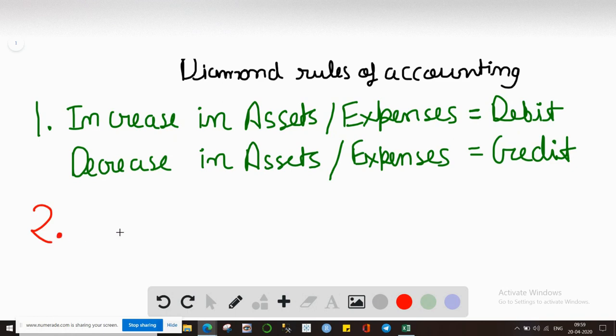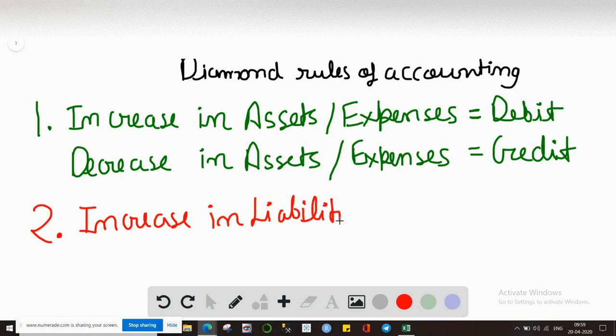Now let's begin with the second rule. There are only two rules here, however there are four rules actually. But we need to remember all of this, otherwise what will happen? Before the exams, we will not be able to revise them properly. Also, along with that, you have to write it down in your notebooks.